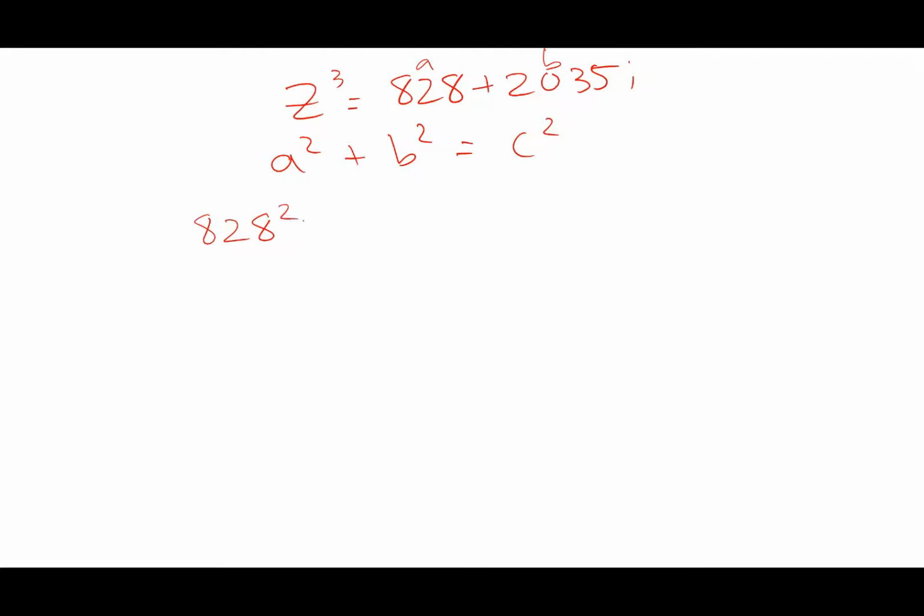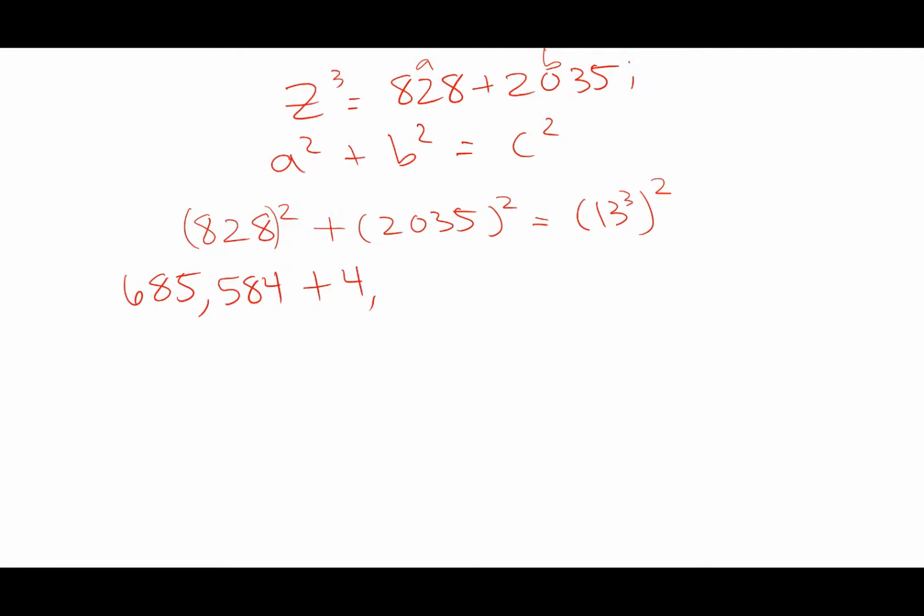So 828 squared plus 2,035 squared has to equal 13 cubed squared. 828 squared comes out to be 685,584 plus 2,035 squared gives us 4,141,225, and 13 cubed squared, which is 13 to the 6th, will give us 4,826,809.